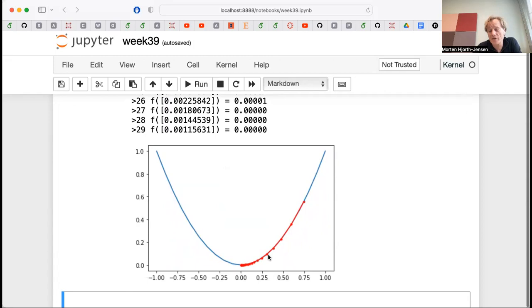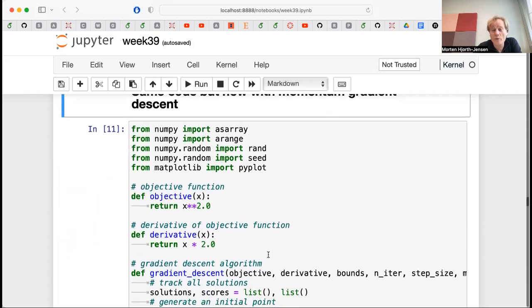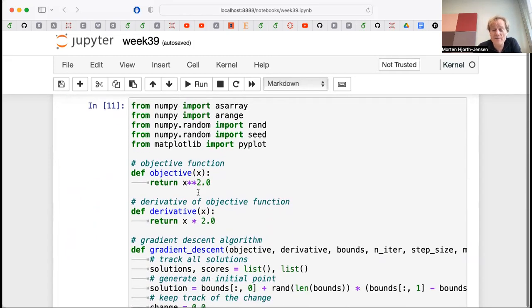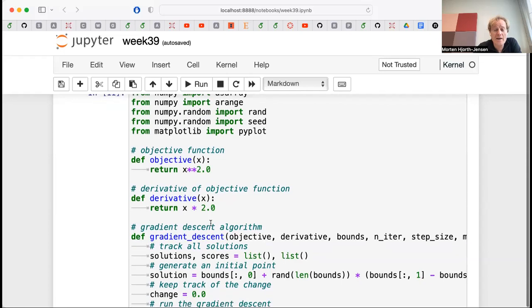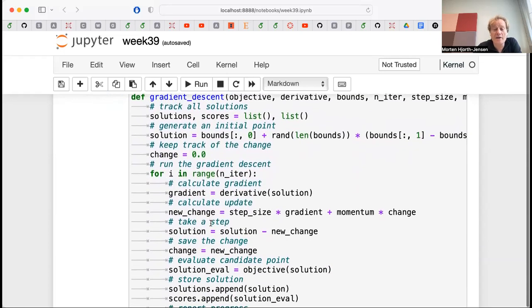Now, you can replace this by your own momentum-based algorithm. So this is the same problem, but with momentum gradient. You see again the same function, the same derivative. And here I have a gradient descent, but where I now calculate things in terms of this momentum. And then I keep the update from the previous case.